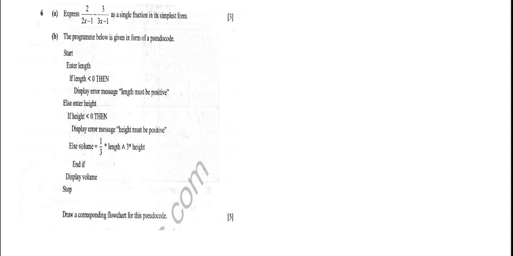Before I start solving this question, I want to explain the boxes which are involved. So we have a box like this one. This box is an oval. In an oval, if it has been given in form of a flowchart, we write in a pseudocode.